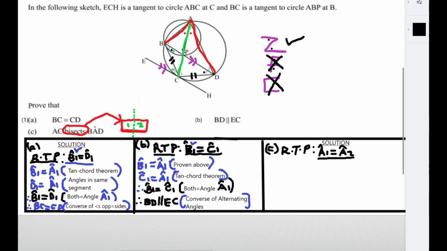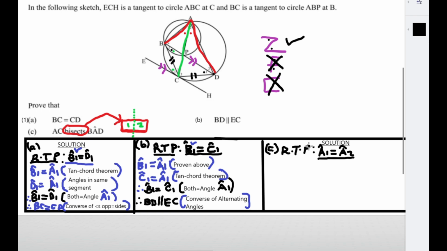Because if this line AC bisects angle BAD, then it will mean that angle A1 must be equal to angle A2. Remember, A1 must be equal to angle A2, which means they've been cut into halves. Those two angles are the same. So that's what we're required to prove: angle A1 is equal to angle A2.